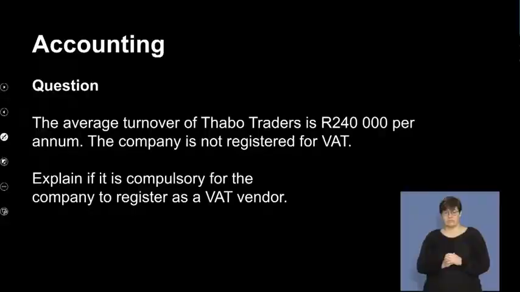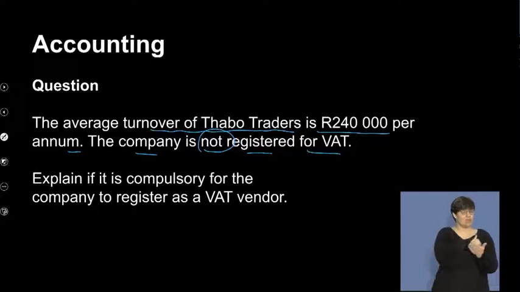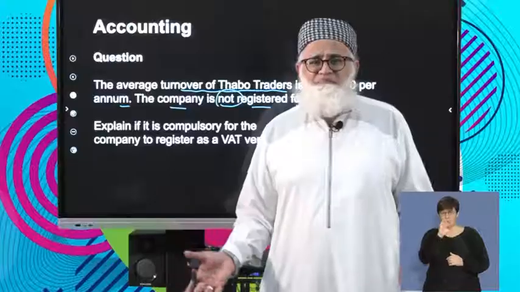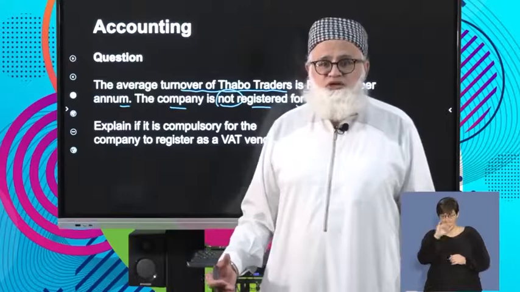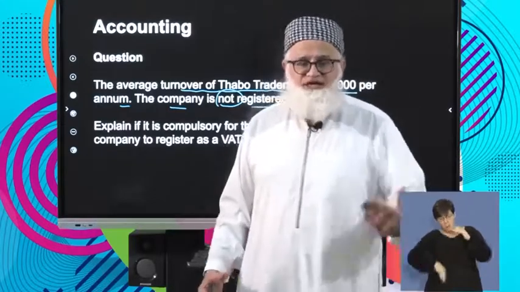Next question. The average turnover of Turbo Traders is 240,000 Rand per annum. The company is not registered for VAT. Remember we said that amount can change from time to time, but I think currently it's about R1 million, where it is compulsory to register. Below R1 million, you can apply for voluntary registration.